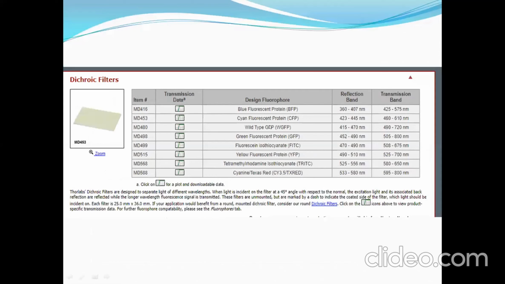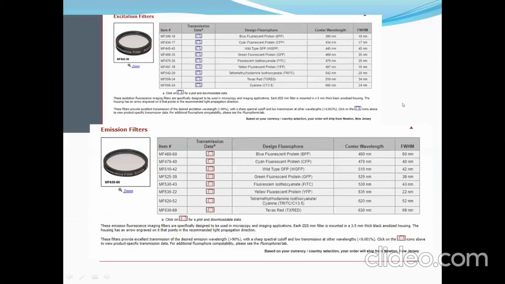And again, if we look at the dichroic mirror for this blue fluorescent protein, you can see that the reflection band is between 360 and 407, whereas the transmission band lies between 425 and 475. Is it clear now?